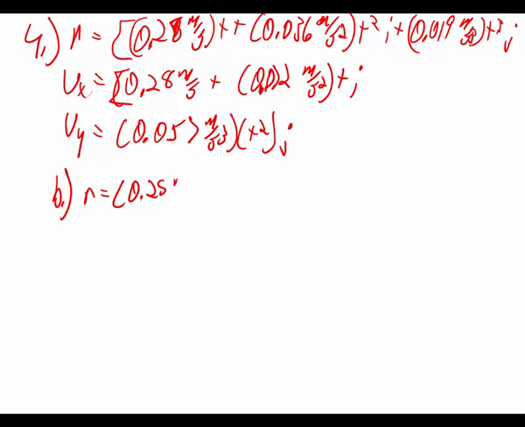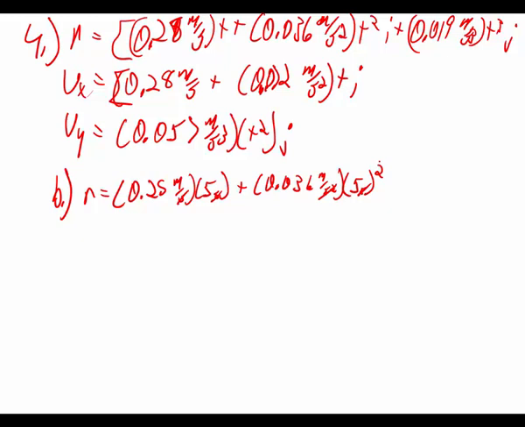2.8 meters per second times 5 seconds. That cancels out the seconds. Plus 0.036, y'all don't let me goof up now, meters per second squared times 5 squared. That cancels those out.